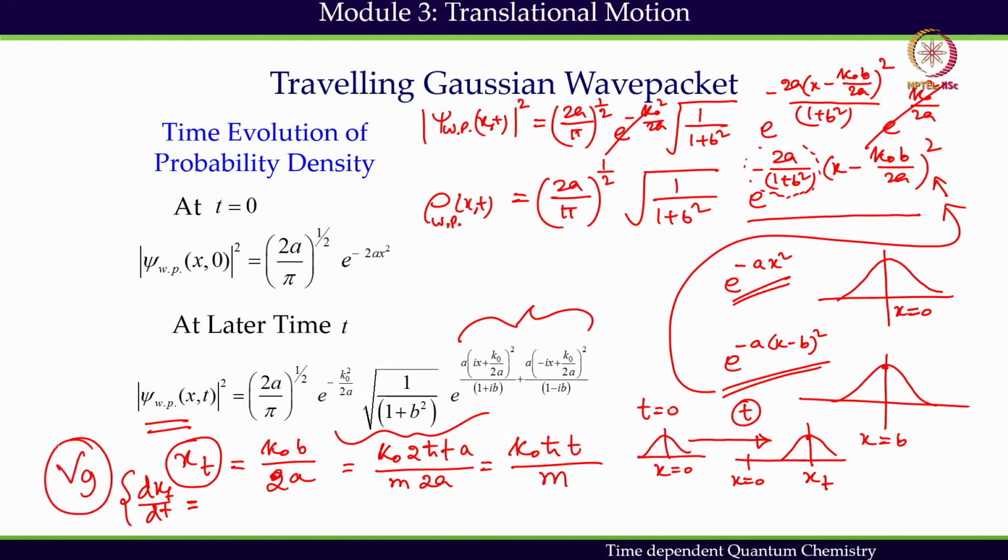That is the definition we have given. The velocity of the envelope in a wave packet is given by group velocity, which is now nothing but k naught h cut by m. What we observe here is that the particle which is represented by the wave packet is now travelling with this k naught h cut by m velocity, the group velocity.